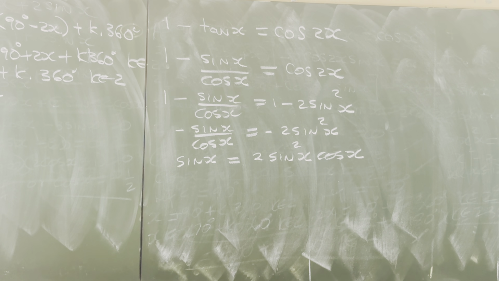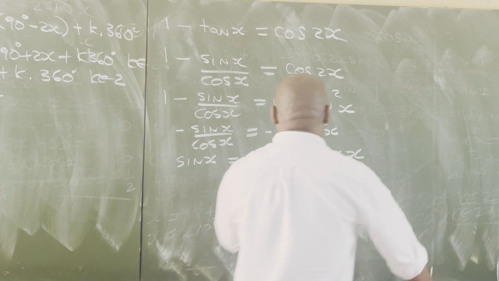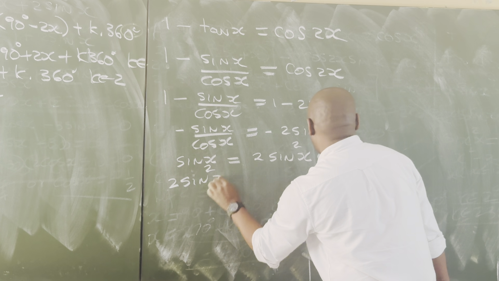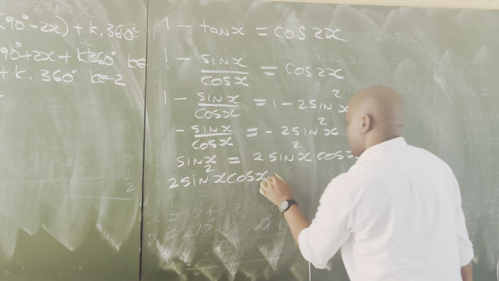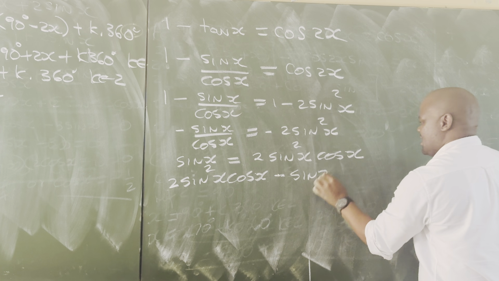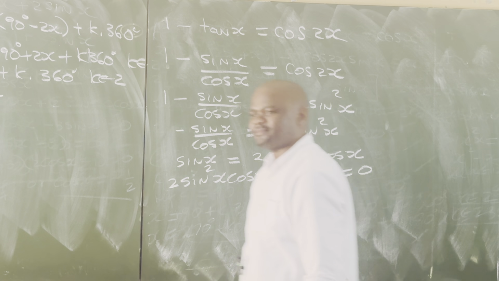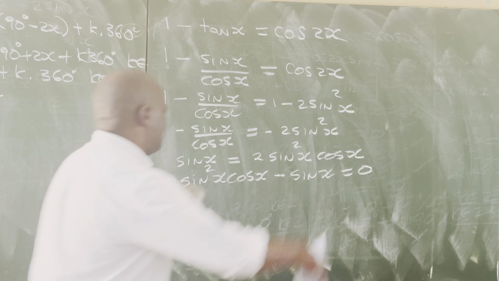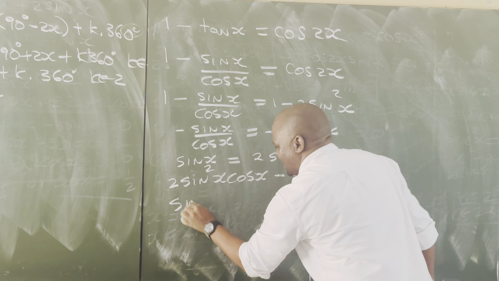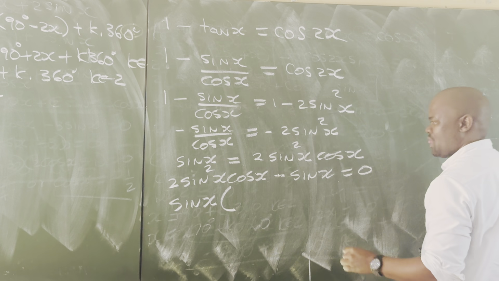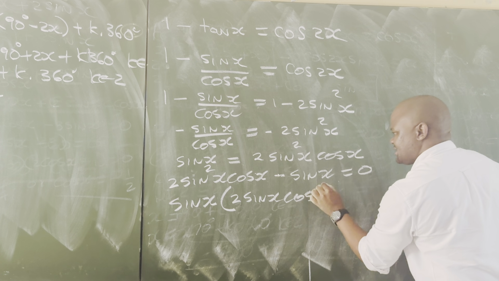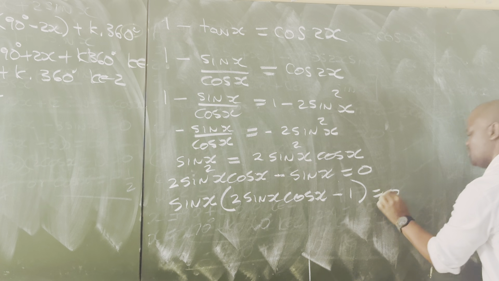No, because we are getting rid of this solution. So we take this to the other side. We have 2 sine squared x cos x minus sine x equals to 0. And then we take out common factor. So what will be our common factor? Sine x. So sine x into 2 sine x cos x minus 1 is equals to 0.